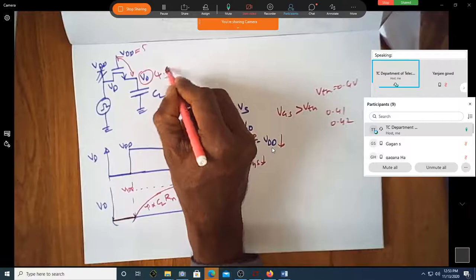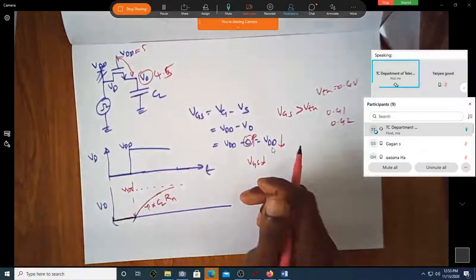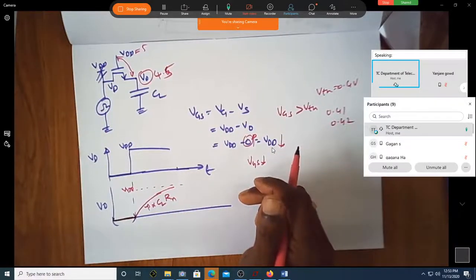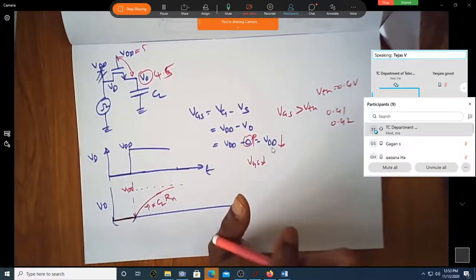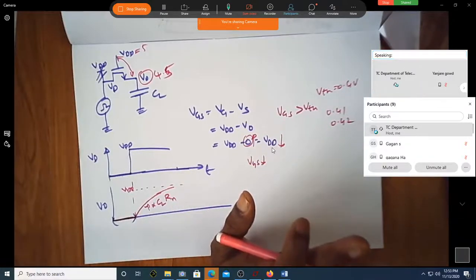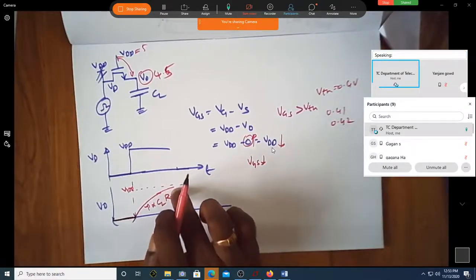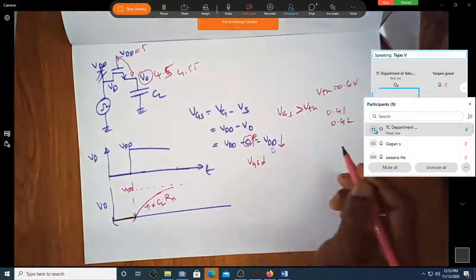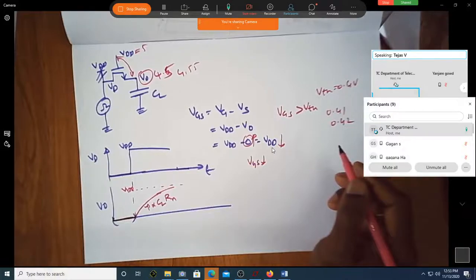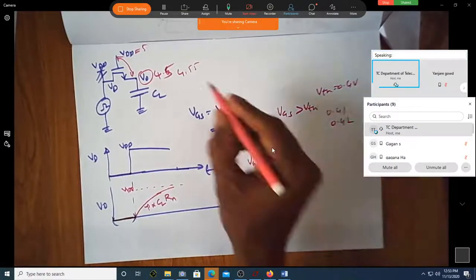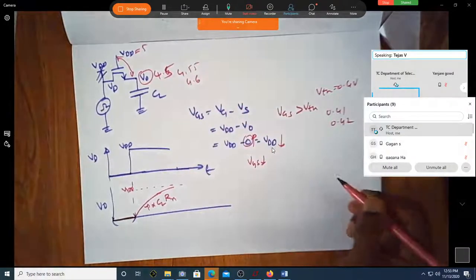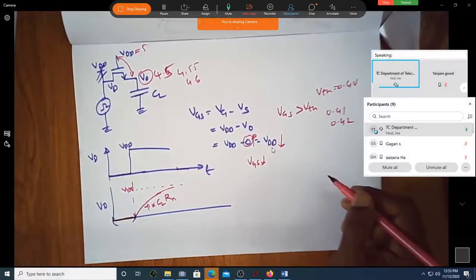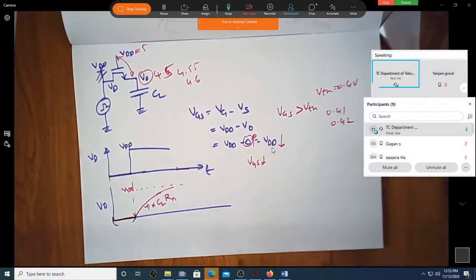If it is 4.5, what is the potential difference? 0.5 volts. Is the MOSFET on? Yes, sir. Does it continue to charge? Yes, sir. If it is 4.55, it is still on, and continues to charge. Whenever it becomes 4.6, does the MOSFET turn off?